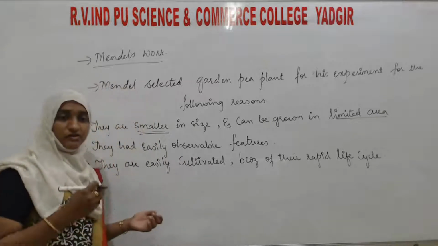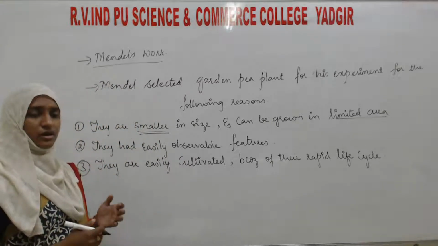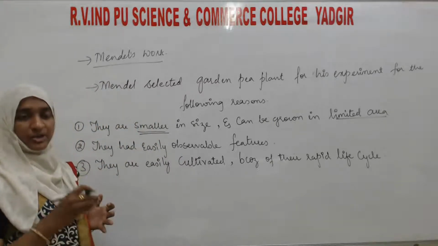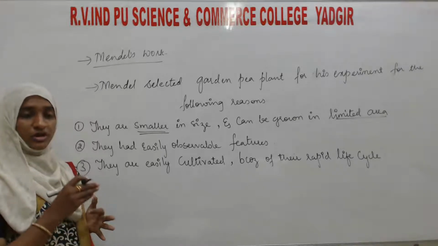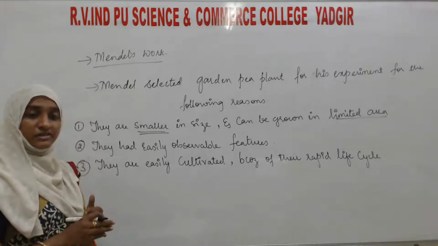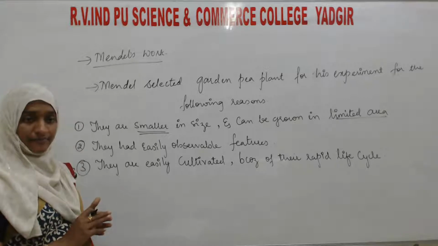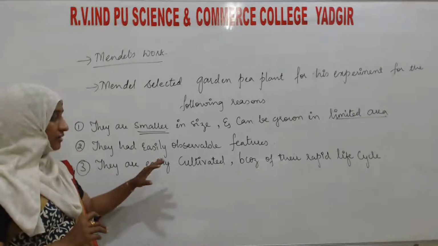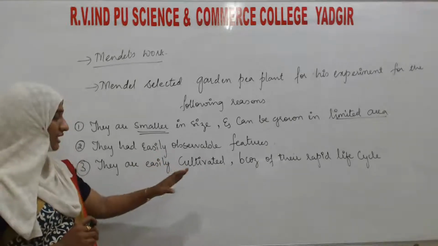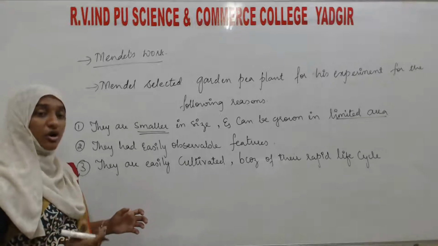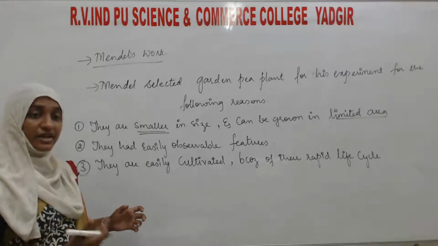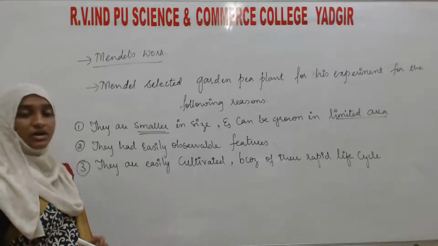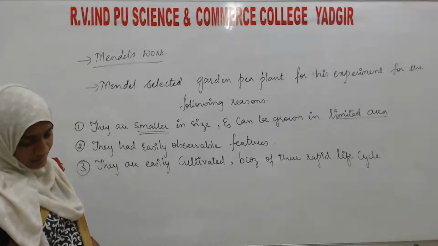Life cycle means the seed germinates, then the plant grows, then that plant gives seeds, then again the plant dies. That is the life cycle, and in the pea plant it is very short, very rapid, due to which they can be easily cultivated.